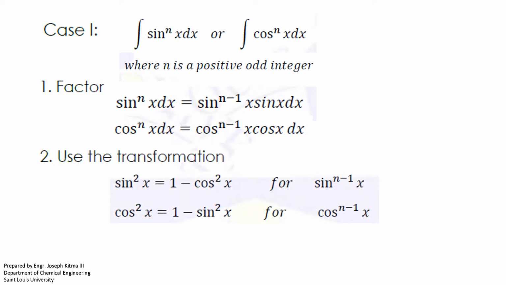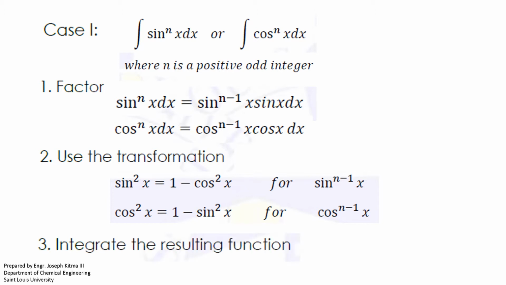The next step is we will use the common trigonometric identities for the square of sine and the square of cosine. So sine squared x is equal to 1 minus cosine squared x, and cosine squared x is equal to 1 minus sine squared x. And then after that, we will integrate the resulting function.